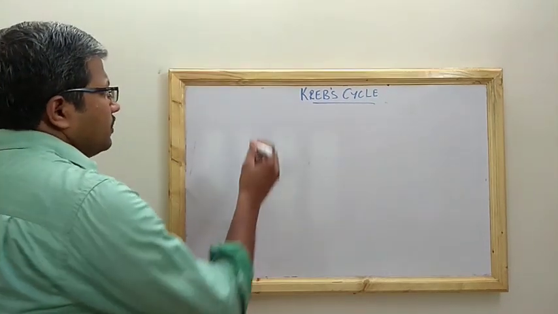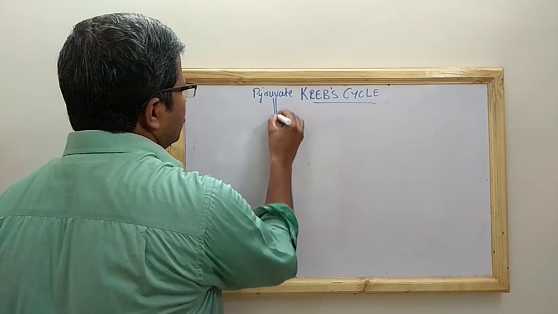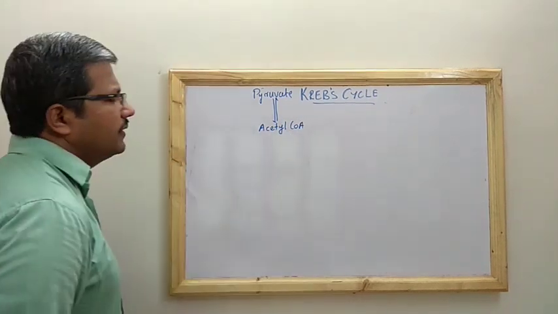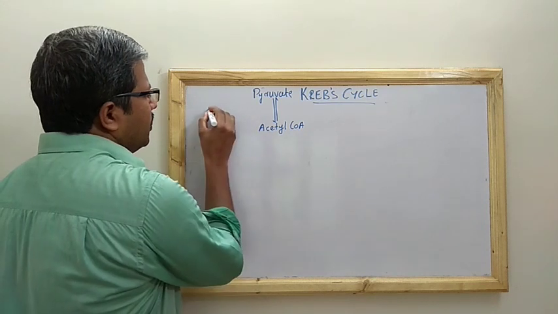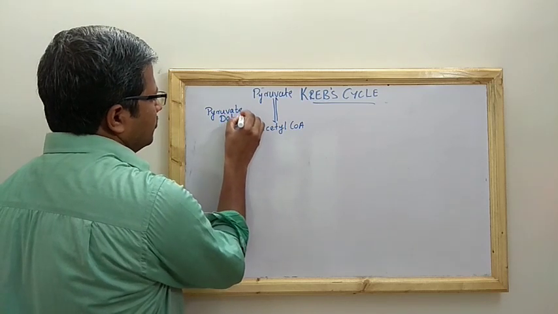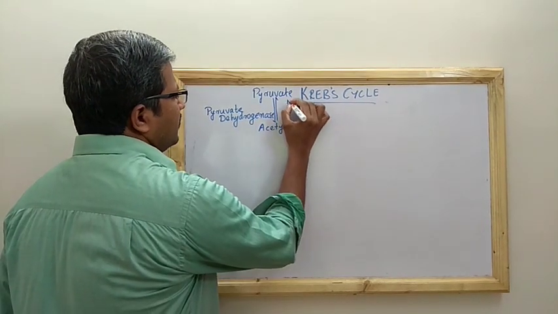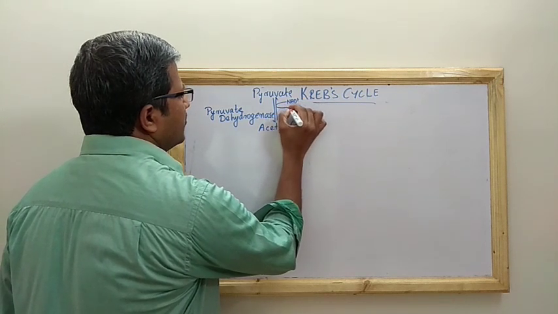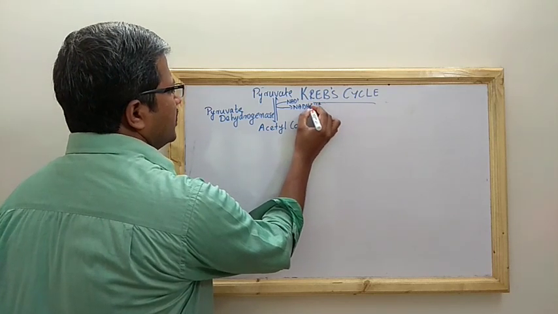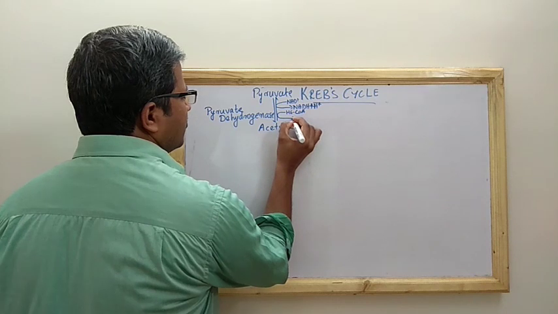From the aerobic fate of pyruvate, we know that the pyruvate is converted to acetyl coenzyme A. This acetyl coenzyme A is formed by the action of the pyruvate dehydrogenase complex enzyme, where you can find the formation of NADH plus H plus, and the involvement of coenzyme A with the release of CO2.